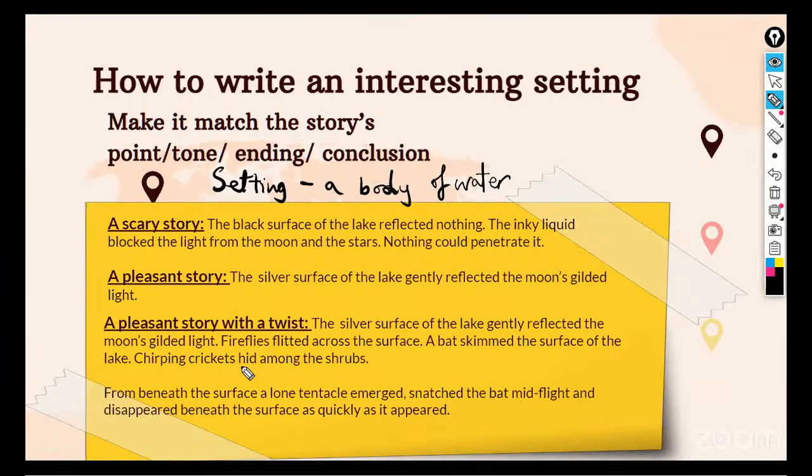Chirping crickets hid among the shrubs. So all peaceful nature sounds expected. Then we have the twist. From beneath the surface, a lone tentacle emerged, snatched the bat mid-flight, and disappeared beneath the surface as quickly as it appeared. So we're describing the setting, but we're doing it in such a way that it tells the reader not everything is as straightforward as it seems in this story.